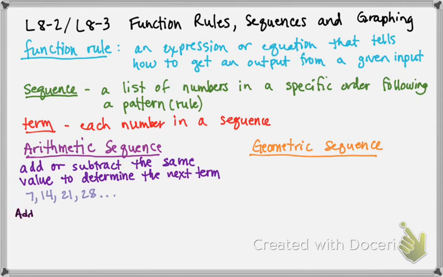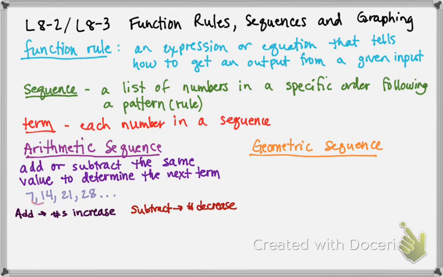If it's an adding pattern, the numbers increase. If it's a subtracting pattern, then the numbers decrease. Anytime I'm looking at a sequence, the first thing I assume is that it's an arithmetic one, that I'm either adding or subtracting. Let's test this out.